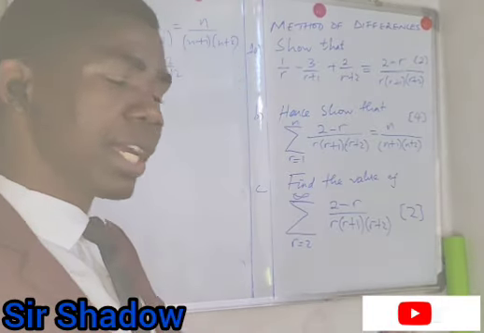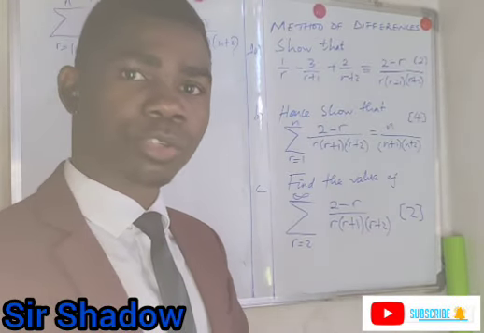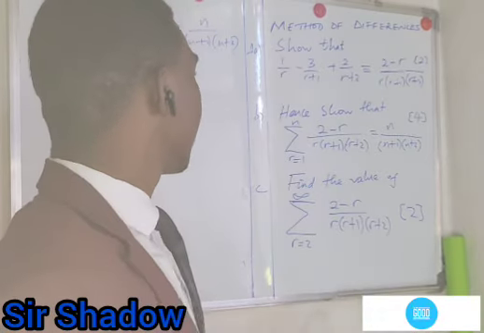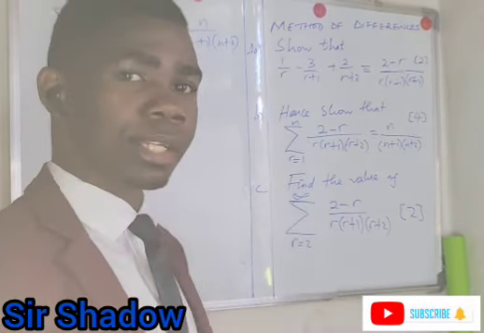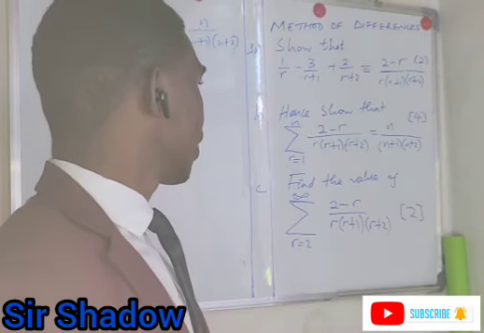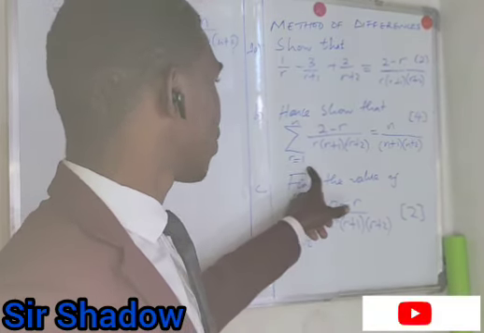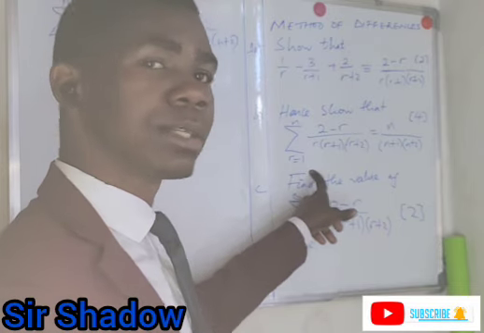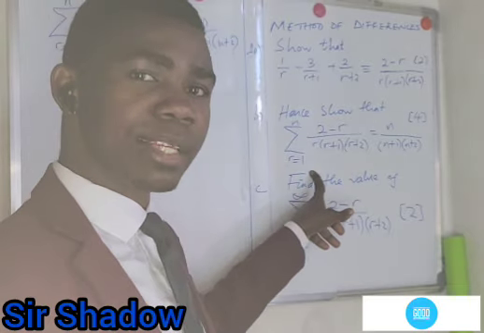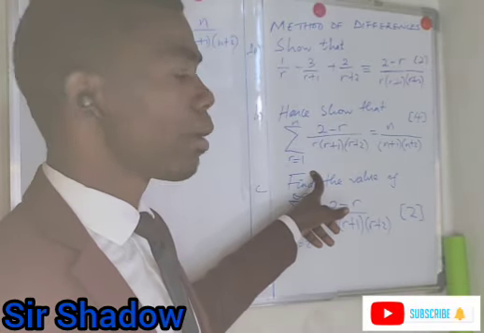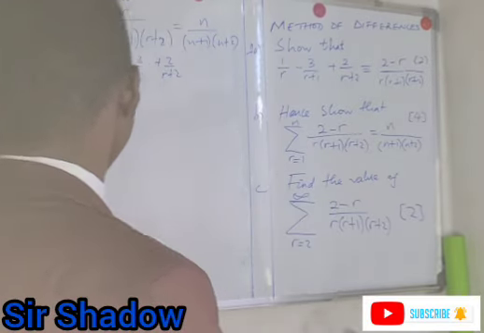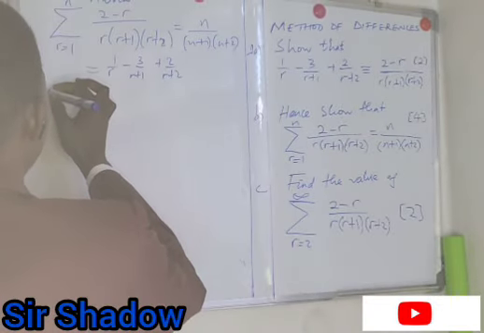So we have to say when n is equal to 1, n is equal to 2, n is equal to 3, n is equal to 4, up to the nth value. So when r is equal to 1, then r is equal to n minus 1, r is equal to n minus 2, r is equal to n minus 3, r is equal to n minus 4, up to the nth value, right?